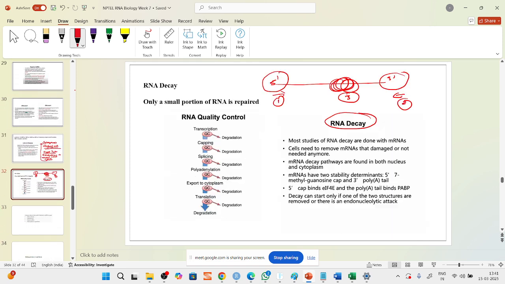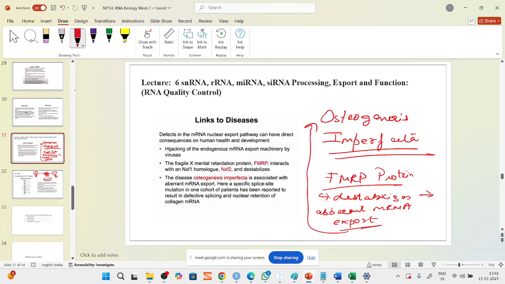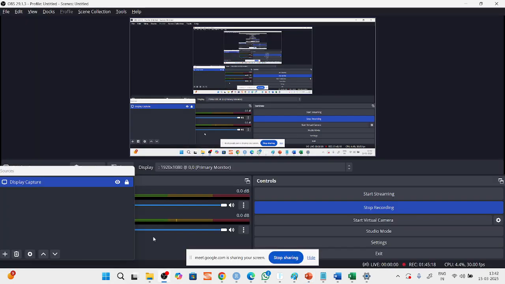Then how it is linked to diseases. First we studied the diseases which happen because of splicing defects, and then the diseases which are because of problems in export. So disease can happen because of splicing defects, and disease can happen because of any problem in export also.